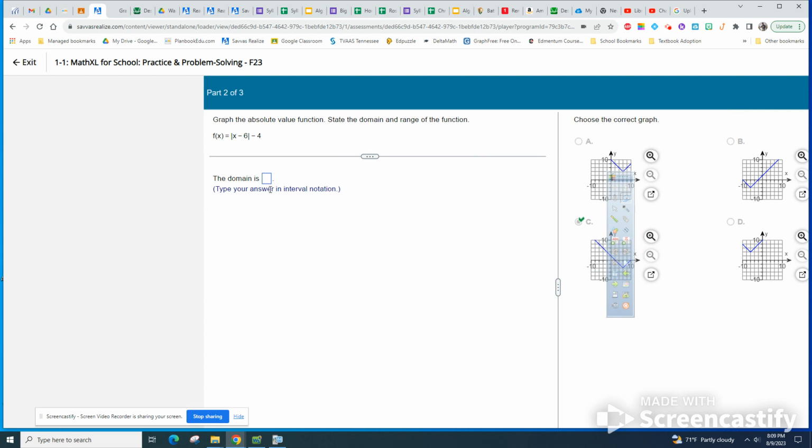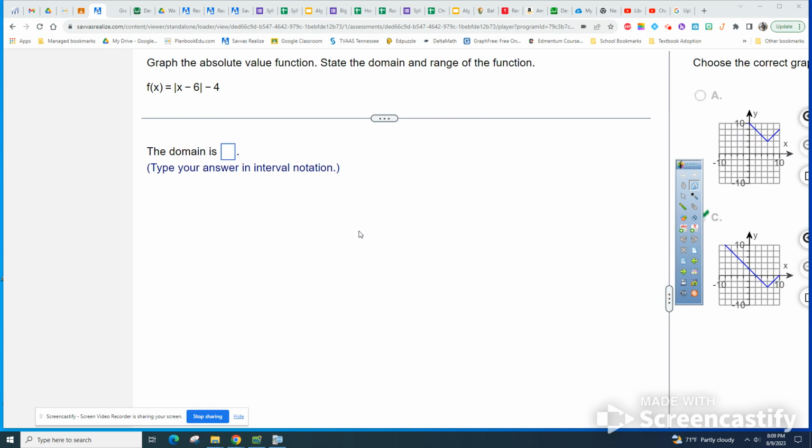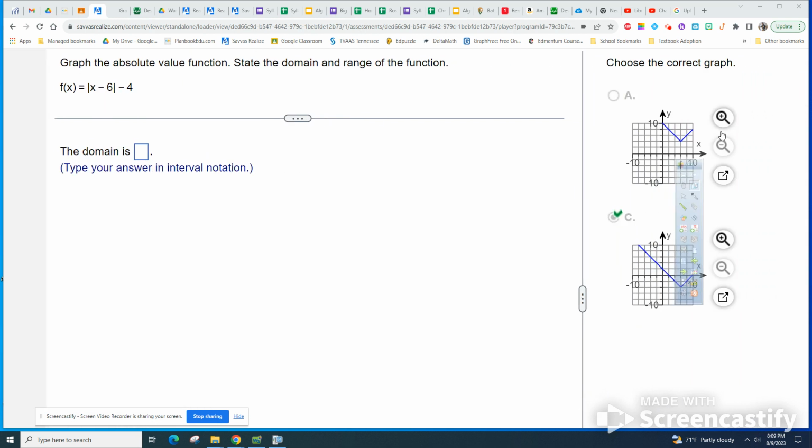And then the domain, it wants to know the domain, huh? All right, so the domain, and it says use interval notation, right? Interval notation. So we can get this where we see the whole thing. So the domain goes left forever and right forever.